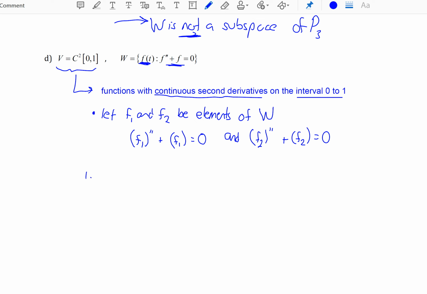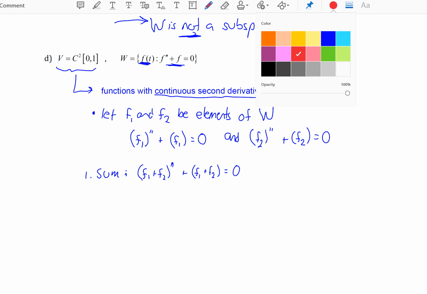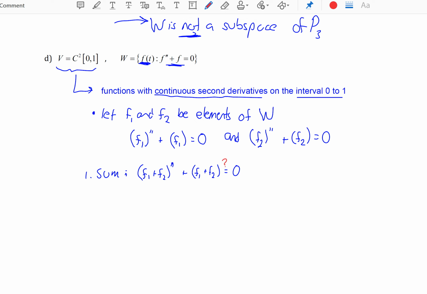So let's look at first the sum. If you looked at f1 plus f2 double prime plus f1 plus f2, will this still equal 0? Meaning, will the sum, replacing f with f1 plus f2, still be an element of W? Recalling what we know from calculus, the second derivative of the sum is really the sum of the second derivatives.